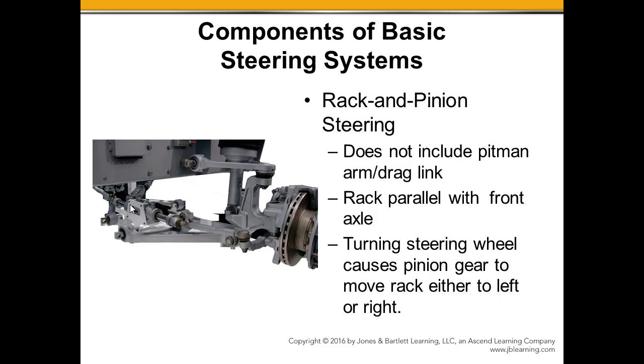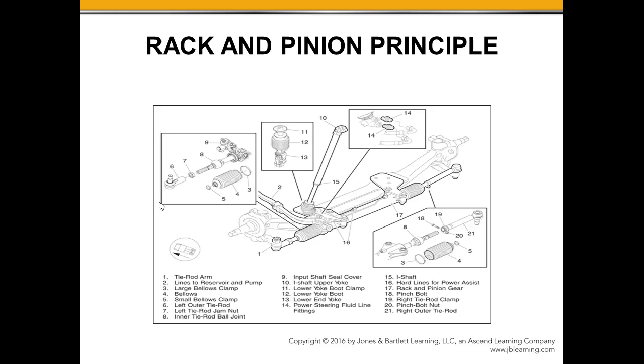As we turn it right or left, the rack will come more out this side of the housing here, forcing this tie rod end to turn the steer tire this way, and pulling the other one that direction, back and forth to initiate the changes here.